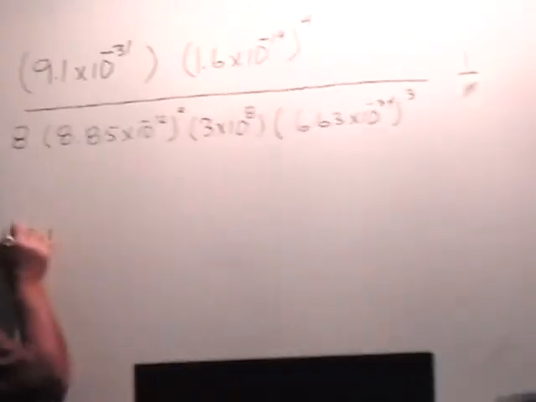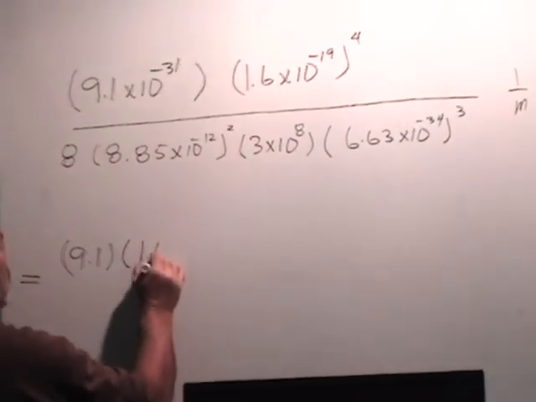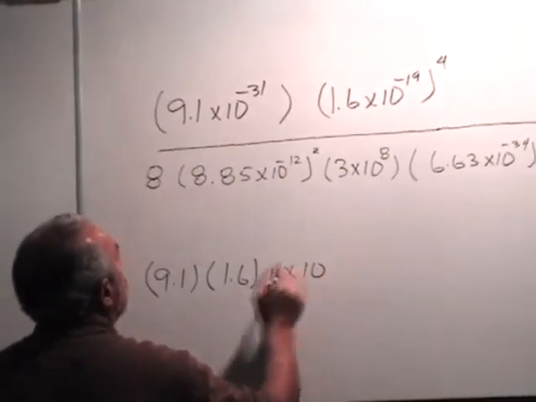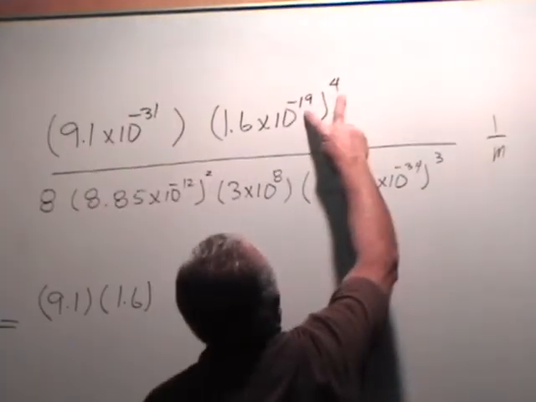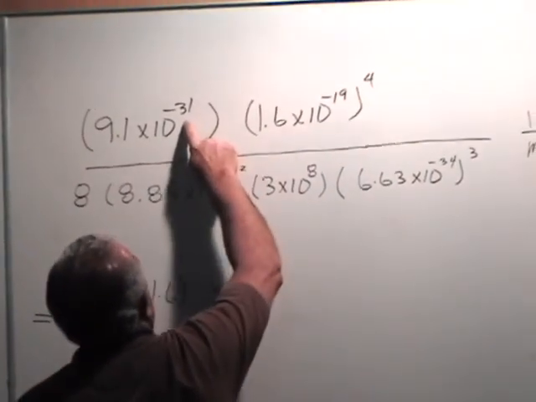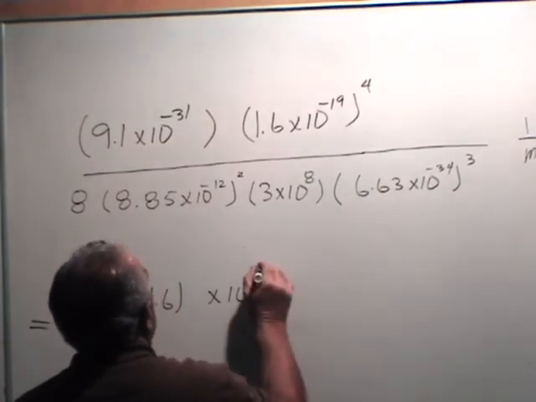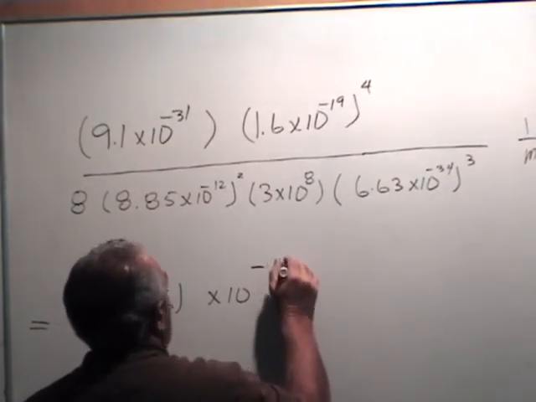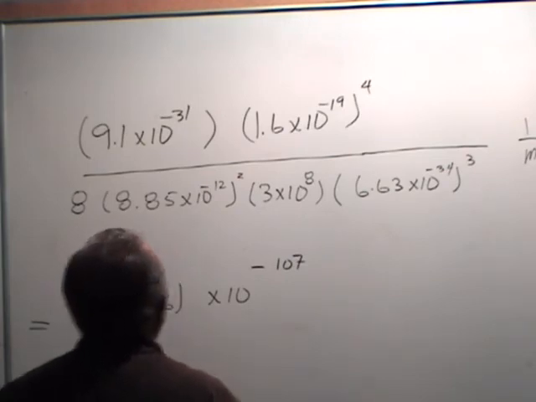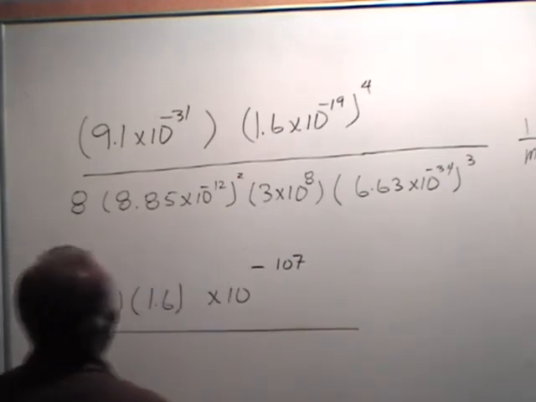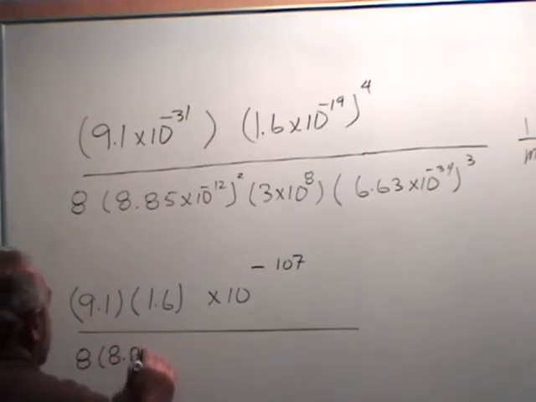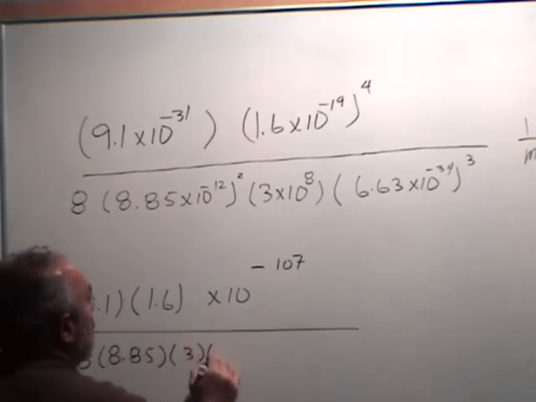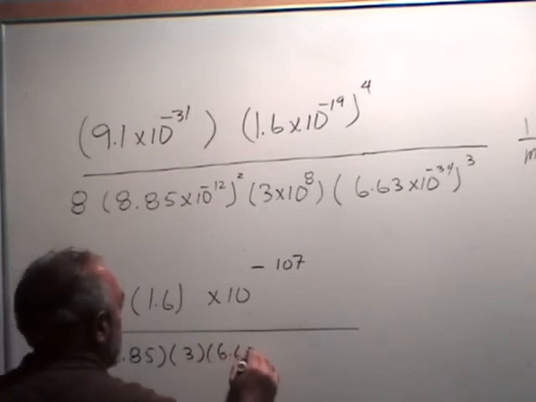So, 9.1 times 1.6 times 10 to the minus 80, minus 76, is that minus 107 on top? Downstairs, we have 8 times 8.85 times 3 times 6.63.